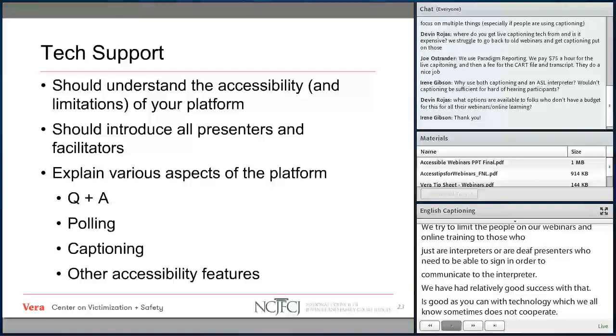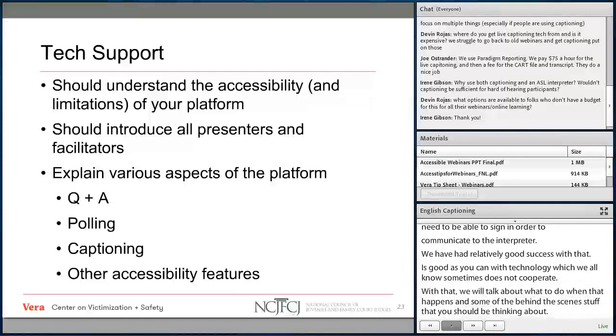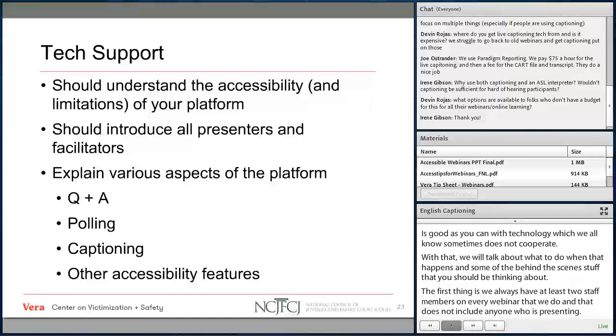The first thing is we always have at least 2 staff members on every webinar that we do, and that does not include anyone who's presenting. That is just the background staff. So we always have a tech support person, a dedicated individual who takes in all of the technology issues that are happening, who manages our question and answer and chat boxes, and who makes sure everything is running smoothly.